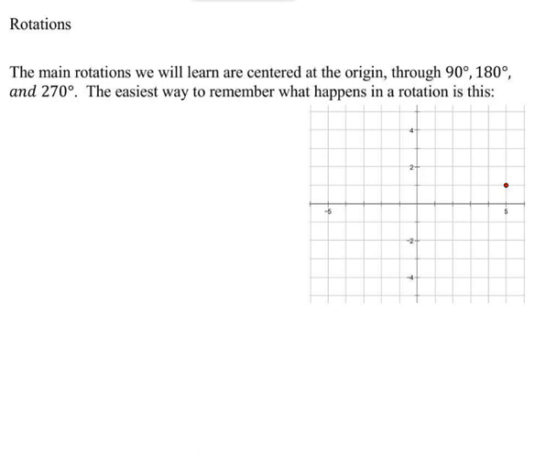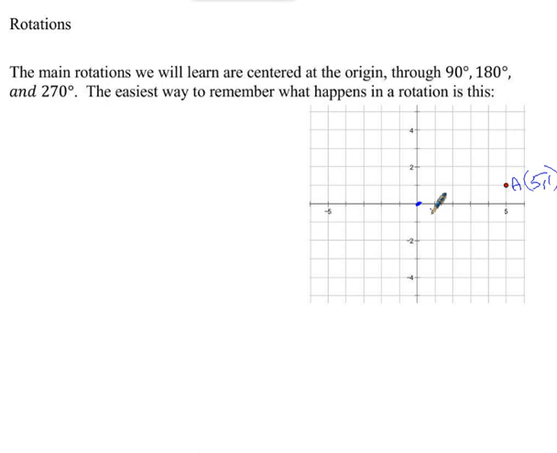So if I have this dot right here, this is my original dot in my original position, 0 degrees of rotation. I'll call this point A. And what are the coordinates of point A? 5, 1. Now if I rotate this point about the origin, so I'm rotating about the origin right here.